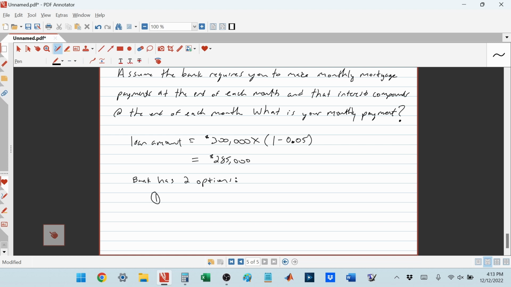Option one, they could put the $285,000, they're the ones that had the $285,000, once into an interest-bearing account.